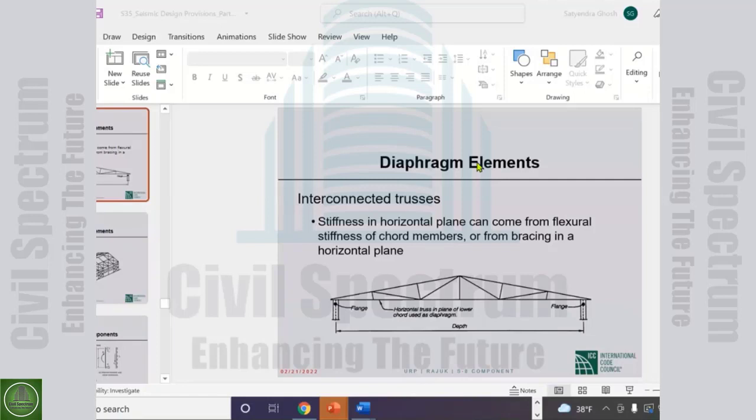And then the drift can be elastic drift. That would be the elastically computed deflection at the top of the story minus the elastically computed deflection at the bottom of the story.